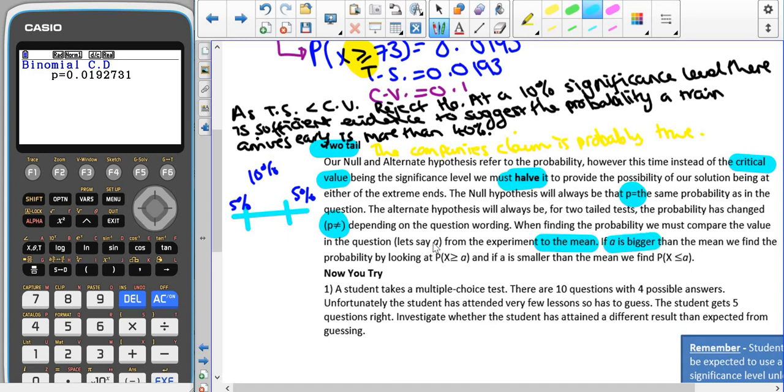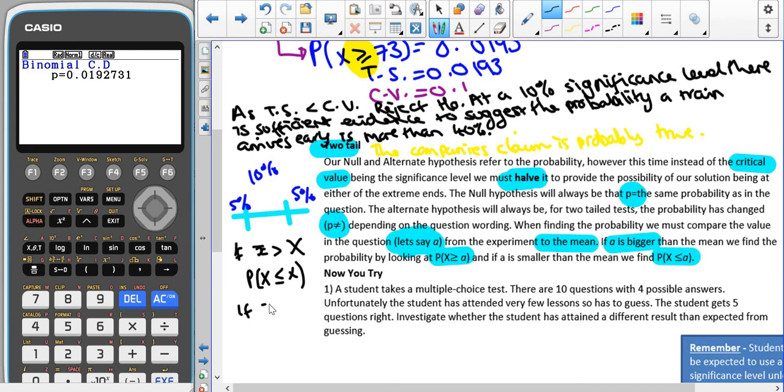If A, which is the value that we're looking at, is bigger than our mean, then we're going to look at greater than or equal to. And if A is less than our mean, then we're going to look at less than or equal to. So just to clarify, if our mean is bigger than the value that we are looking at, then we're going to have the probability of X being less than or equal to that value.